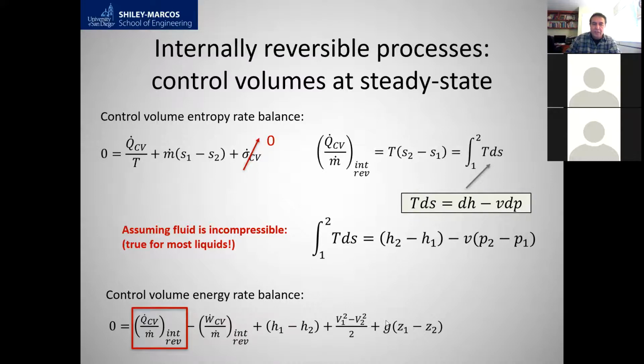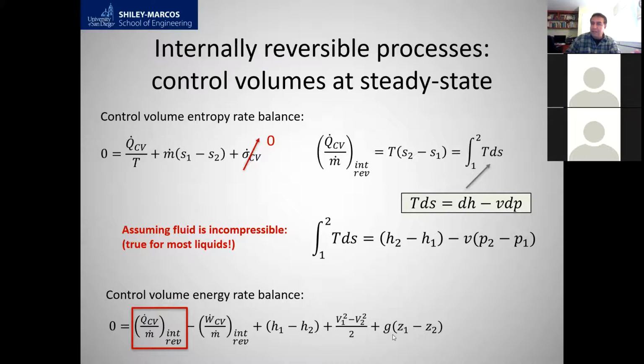In this formula, you might remove W dot CV over m dot, or set it to 0, and then the question might be to find the velocity V2 when V1 is given.